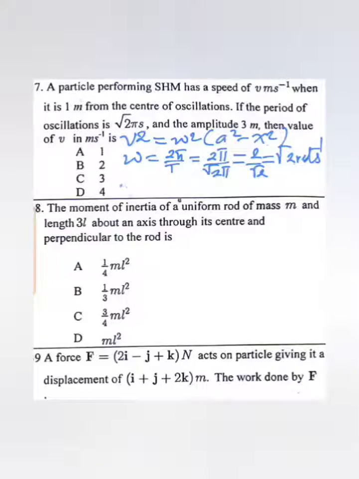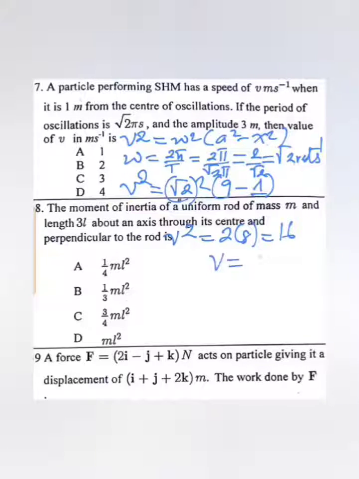So substituting in the formula, we have v squared equals √2 all squared into the amplitude squared, and the amplitude is 3, so 3 squared is 9, minus x squared, and x is 1 because the particle is 1 meter from the center of oscillations, so 1 squared, which gives 1. So v squared equals 2 into 8, which gives 16, so that v should be the square root of 16, 4 meter per second, and that corresponds to option D.